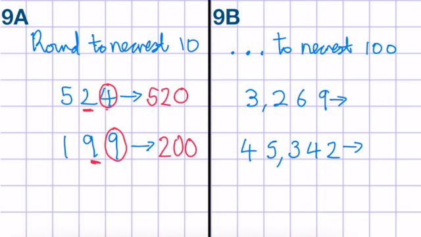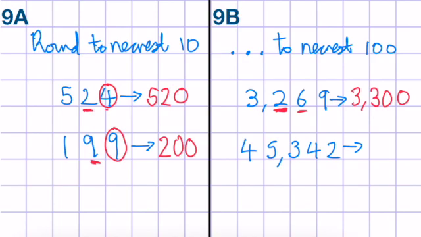Over on the 9B side, to the nearest 100, we have a 2 in the hundreds column, and we look right to the tens column and we can see that's a 6. So we're going to round up, so it's going to become 3,300.